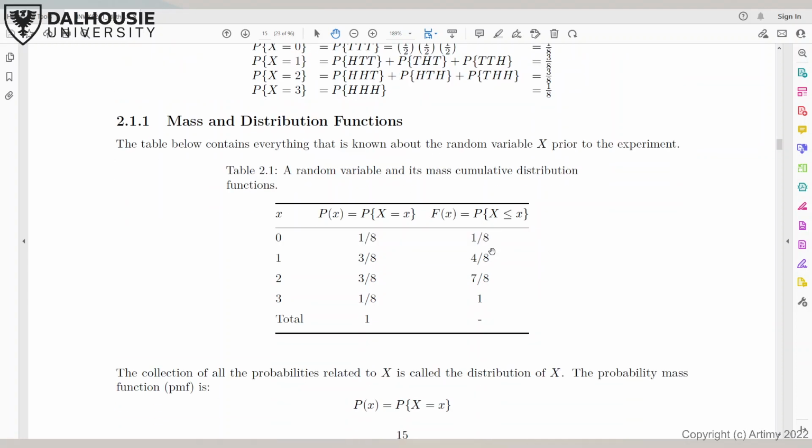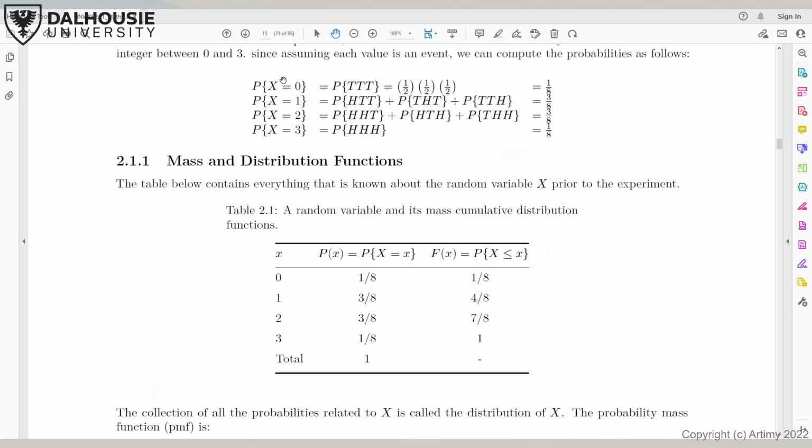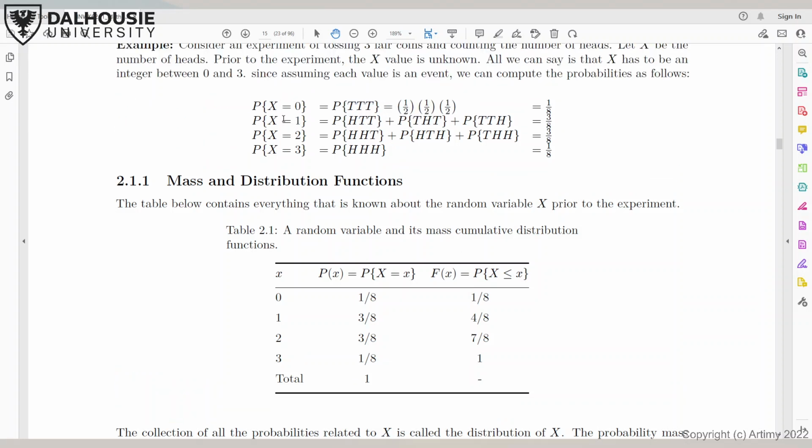So in many situations that we will deal with, when we find out all the probabilities for all possible values of the random variable, we get the mass function, right? Here, in this example, all possible values of X are 0, 1, 2, 3. The probabilities are 1/8, 3/8, 3/8, and 1/8.